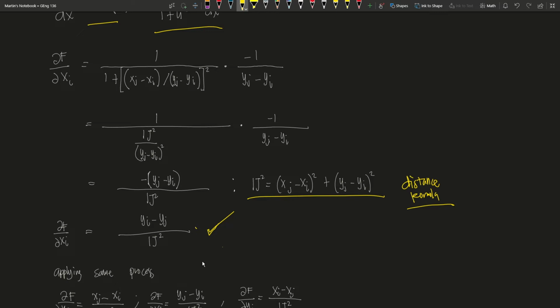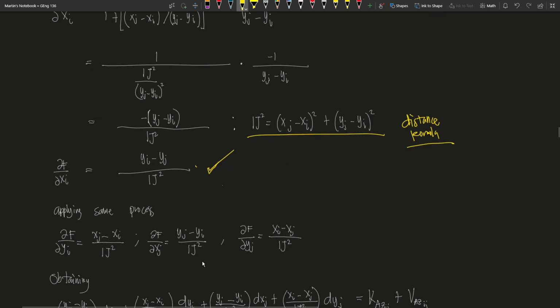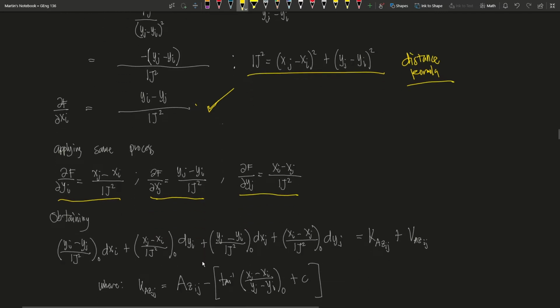So applying the same process with respect to y sub I, x sub j, and y sub j, okay? So after obtaining the partial derivatives, we now substitute those to the equation. Now we arrive with this one, okay?